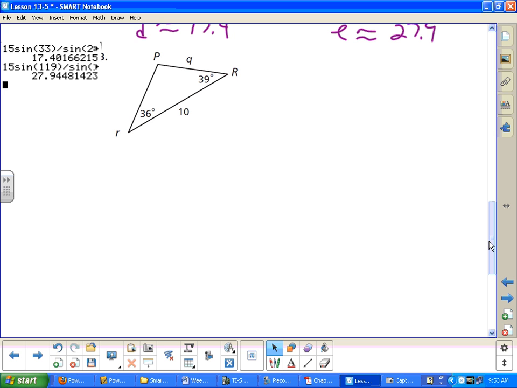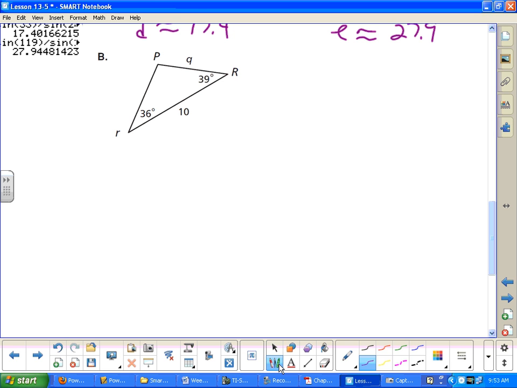Okay, so here we have triangle P, Q, and R. So once again, the first thing I'm going to do is rewrite the law of sines using those letters.